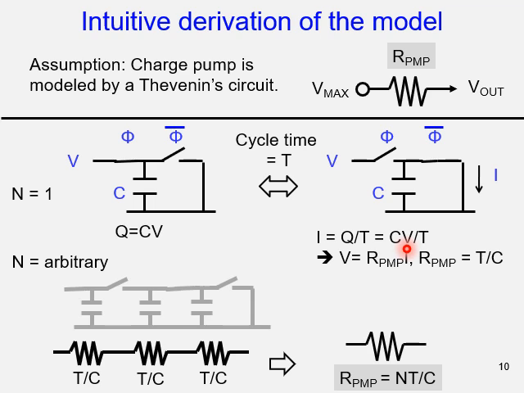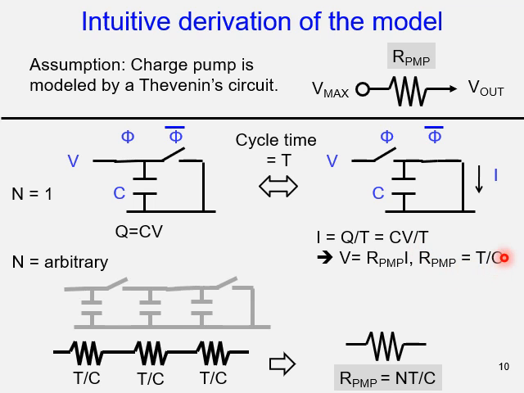And if you rearrange this equation into V equals something times I, this factor must have a unit of resistance, which we call RPMP. Then this value must be T over C based on this equation.